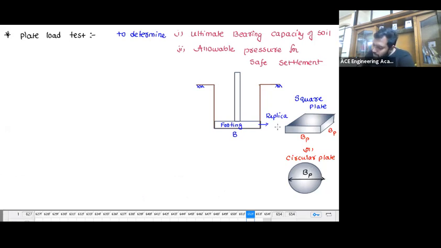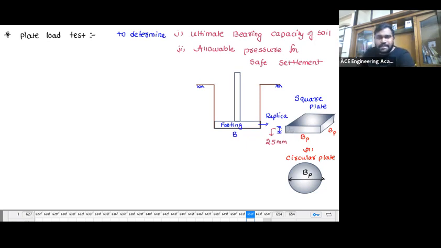No matter whatever the plate it is, the thickness of all the plates is going to be 25 mm. So in simple words, we take a metallic bearing plate, which is either square or circle, and the thickness of any plate is 25 mm.